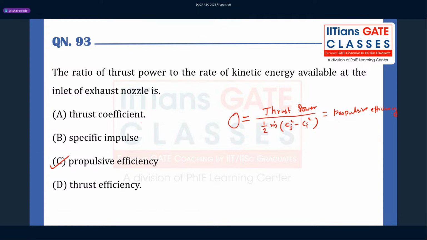The thrust coefficient is different. We define a thrust coefficient as the thrust produced by the engine over P naught and AT, where P naught is the stagnation pressure in the chamber and AT is the throat area. And specific impulse, we define as the impulse per weight flow rate.